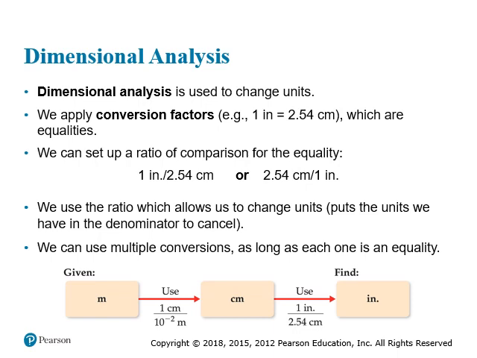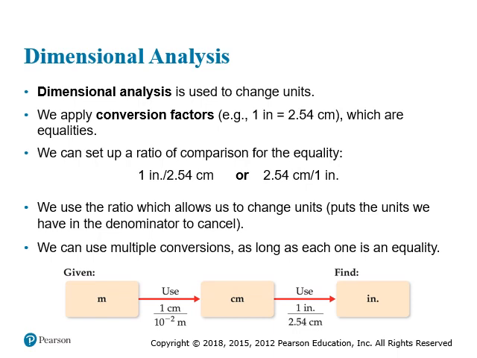I know that a marathon is 26.2 miles, but I want to know what that measurement is in meters. So in order to do that, I would use a conversion factor. A conversion factor is the ratio of two equal measurements that are used to convert from one set of units to another. If you look on the screen, you will see the ratio of 1 inch to 2.54 centimeters.